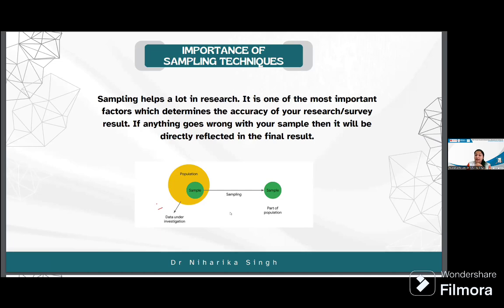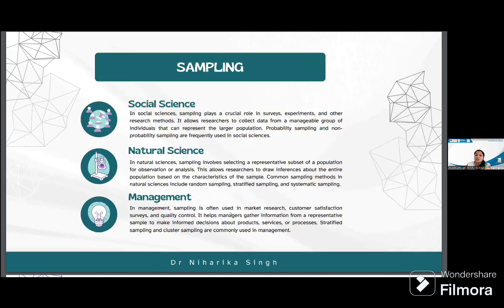So that is why understanding sampling technique in research is of huge importance. Although we are over here concentrating only on social sciences and management, there are different ways that we have sampling in natural sciences as well. In social sciences, we generally have probability and non-probability sampling techniques, on which we are concentrating today.